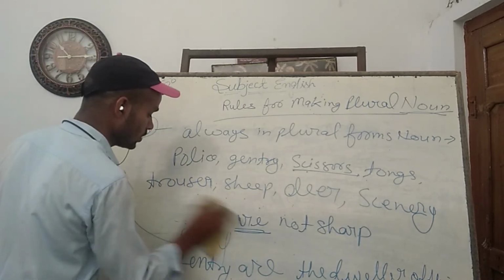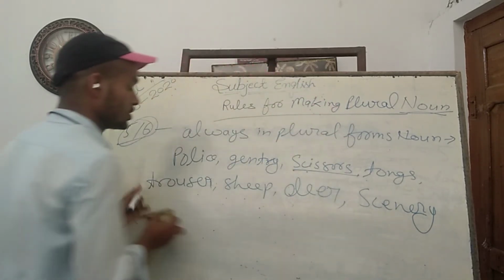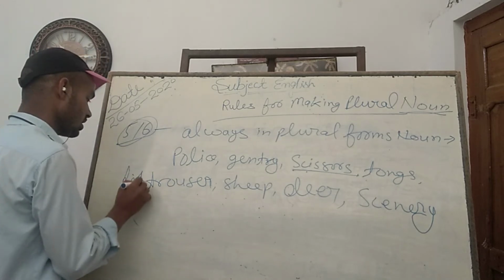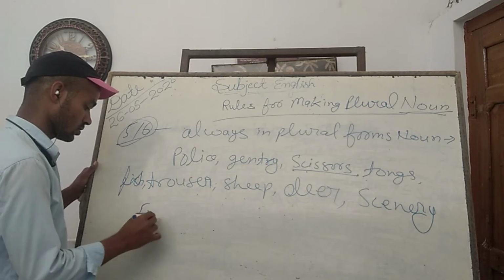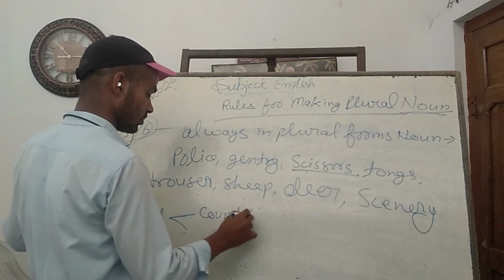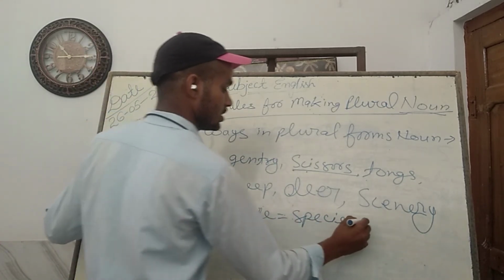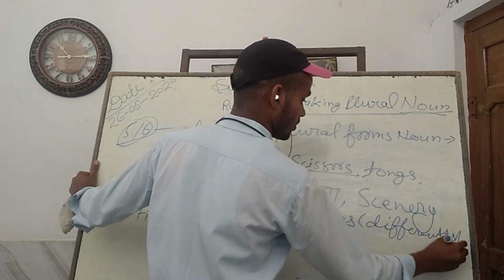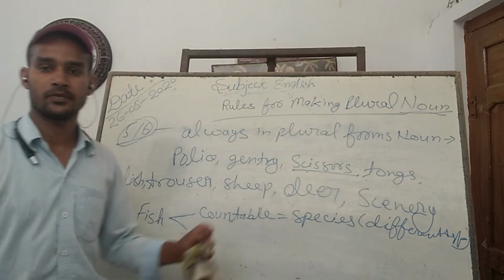One thing more you will come to know: sheep or deer, fish, etc. If you use the word fish as countable, that is species, different types, then it becomes singular in that sense.